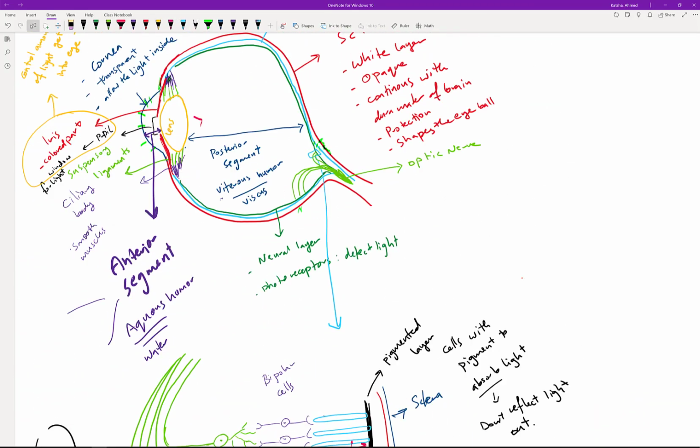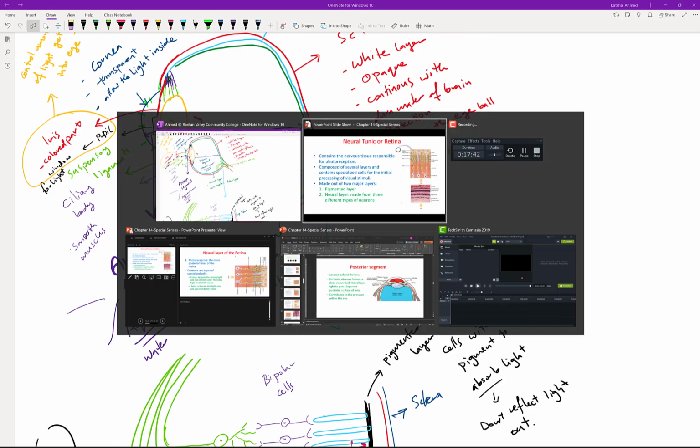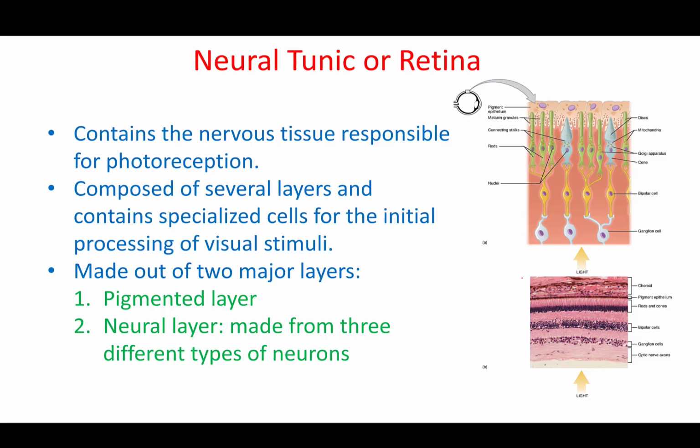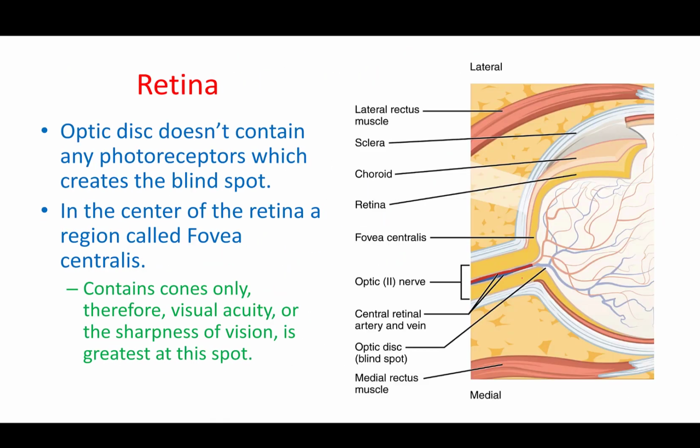Now, two more things I want to mention before I finish this video. Those are spaces that we need to be careful with. Actually, one of them is a space, the other one is a region. The first one is here, the area where the optic nerve exits the eye. It's called the optic disc.